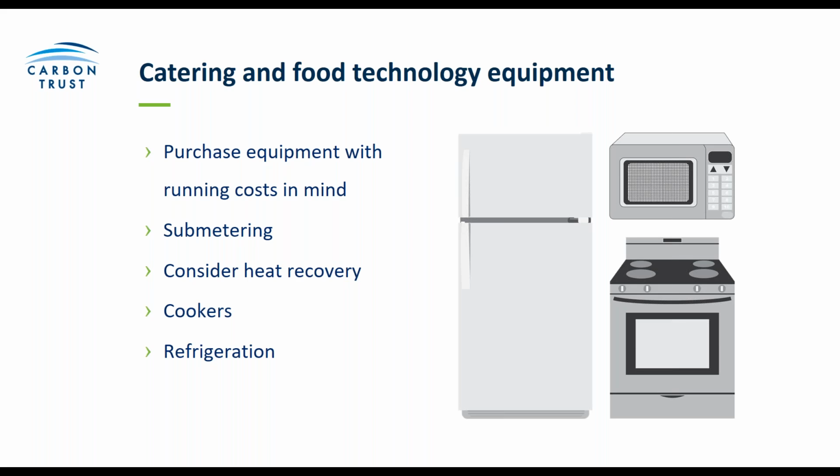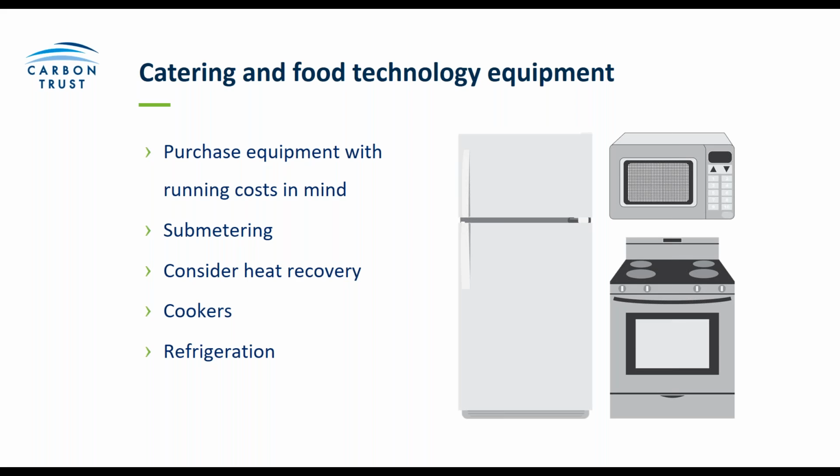Finally, refrigeration as well. Given that refrigeration will run for 24 hours a day, 7 days a week, these also tend to be quite high consumers of energy. So just make sure that these are being used in an efficient way, that they are positioned away from any heat sources such as the cookers, that seals are intact, and that generally the equipment is well maintained.